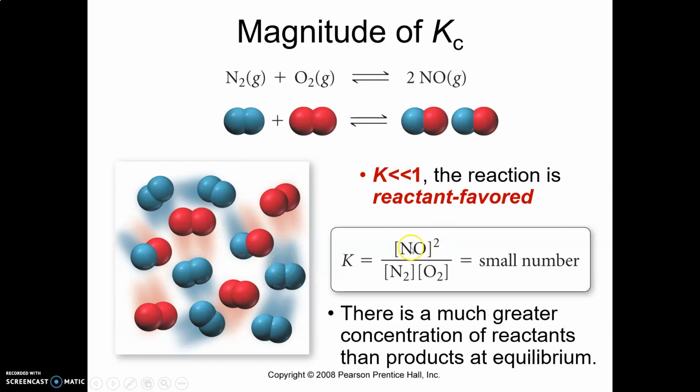And if the product concentration is the smaller number and your reactant concentrations are the larger numbers, and you're taking a small number and dividing it by a big number, that's going to give you a small number, right? So a reactant favored equilibrium is going to have a very small value of K.